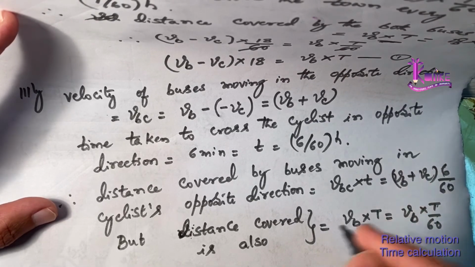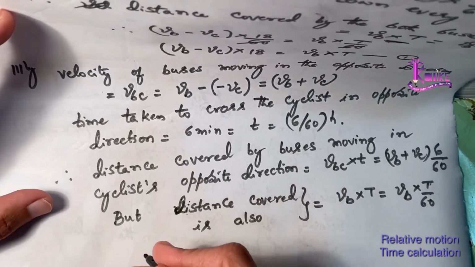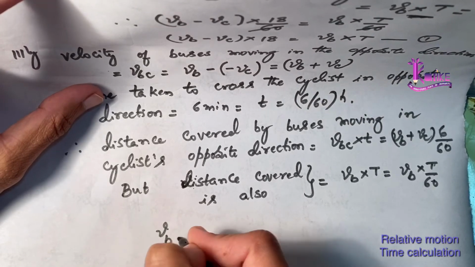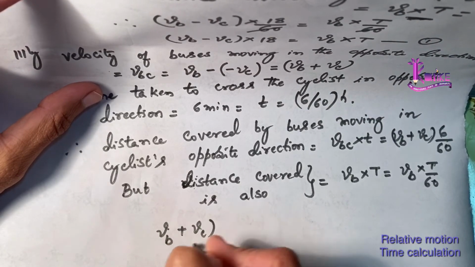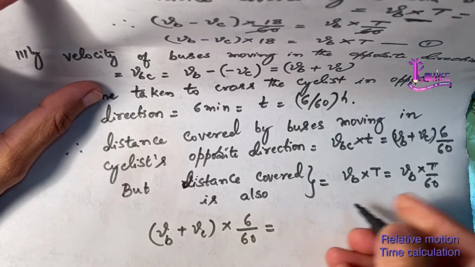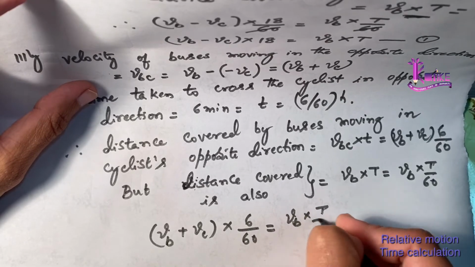Now let's equate the distances of the buses that are moving in the opposite direction. So that will be now VB plus VC into 6 by 60 is equal to VB into T by 60.